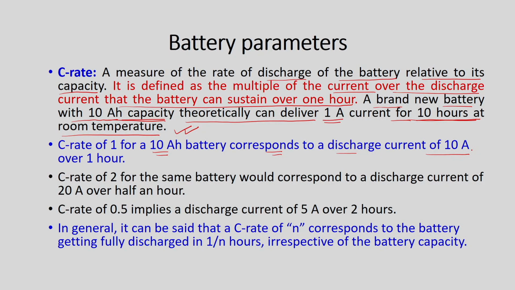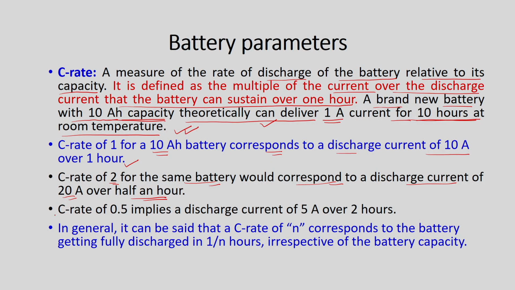For example, C rate of 1 for a 10 ampere hour battery corresponds to a discharge current of 10 ampere over 1 hour. The same battery for case 2, a C rate of 2, would correspond to a discharge current of 20 ampere over half an hour.